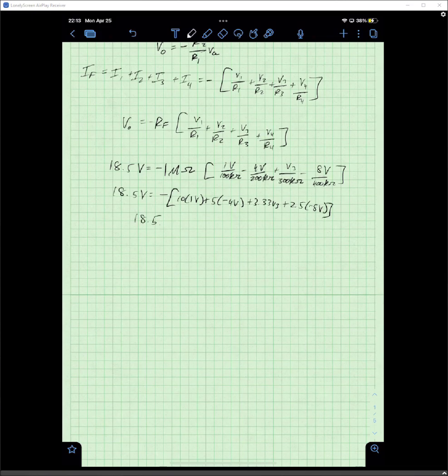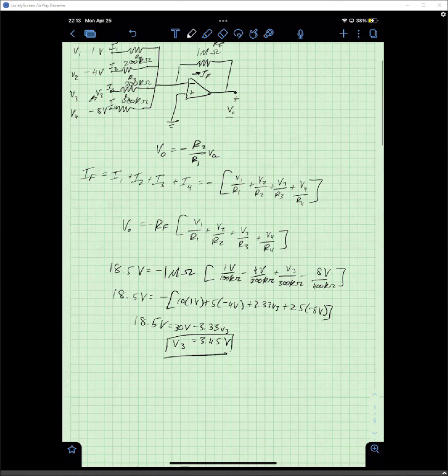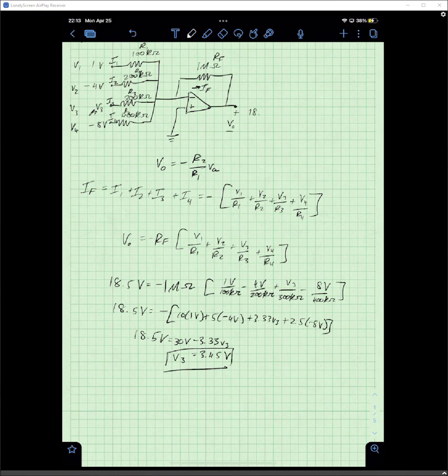And then 18.5 volts is equal to 30 volts minus 33, or 3.33 V3, where V3 is equal to 3.45 volts. So if you were to substitute 3.45 volts into V3 here, you would then get 18.5 volts at your output.